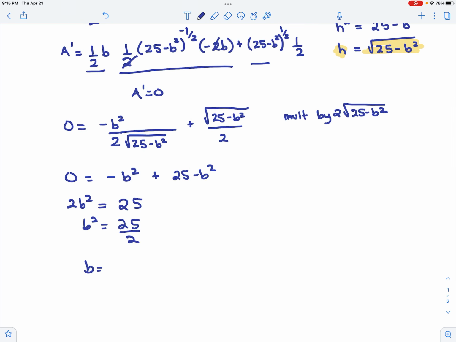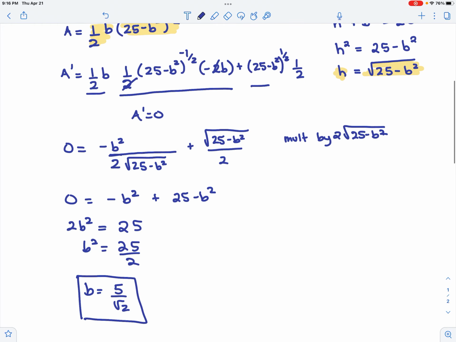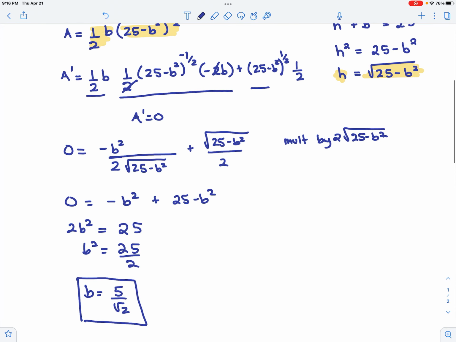And then I get b equals plus or minus, but again, the minus doesn't make any sense in the context of the question. So I get that the base is 5 over root 2. And then I can go back up and solve for h. So h squared is going to be 25 minus b squared, which is 25 minus 25 over 2.